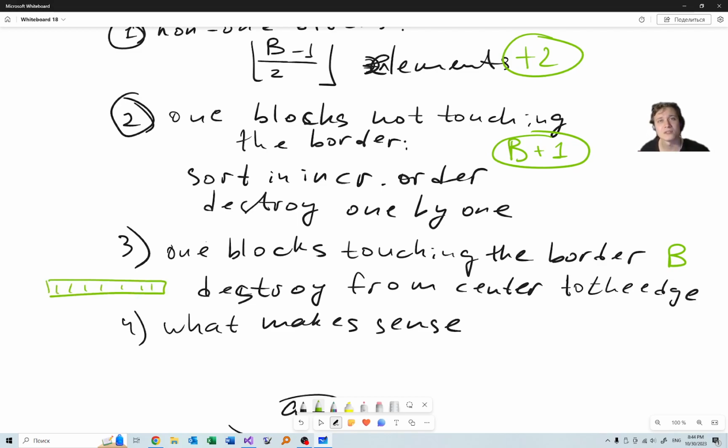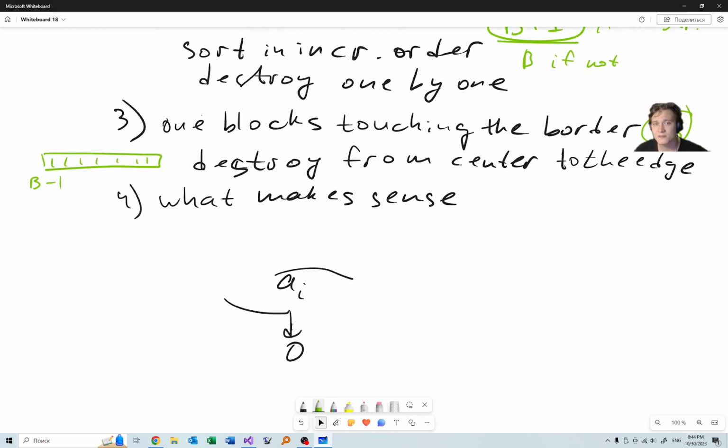I think you should consider it separately, because in this case you will get b minus 1, where b is the number of operations you spent. But usually the number of operations you spend is the number of points you achieve. So b plus 1 if a block is destroyed, and b if not destroyed. Okay, and finally what makes sense is just +1 each time.